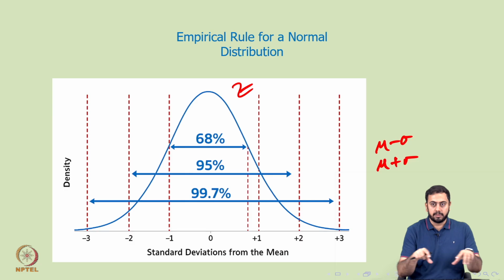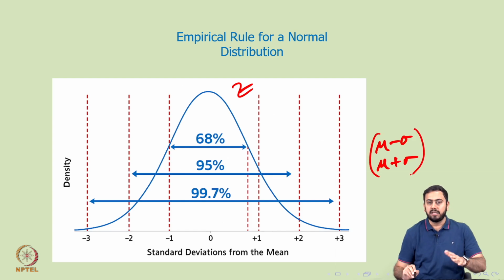So if you have a set of observations or a real data set, and assuming it follows a normal distribution, then between these two points roughly 68% of the observations lie.